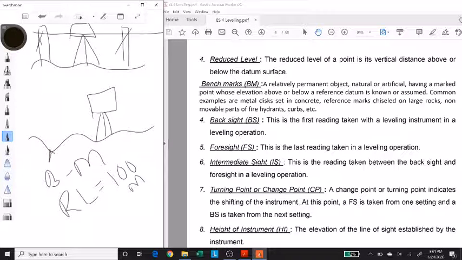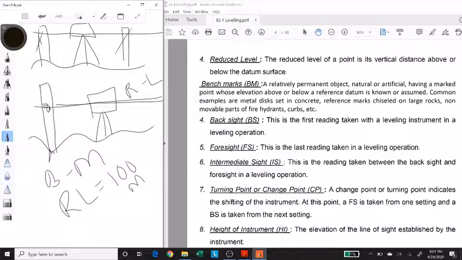Now, when I draw my imaginary line of sight or line of collimation and I take my first reading at the benchmark, whatever reading I get over here, that would be the reduced level of my line of sight or line of collimation. So this is an imaginary plane, and I have found out the reduced level or elevation of an imaginary plane, and this reduced level is called the height of the instrument.